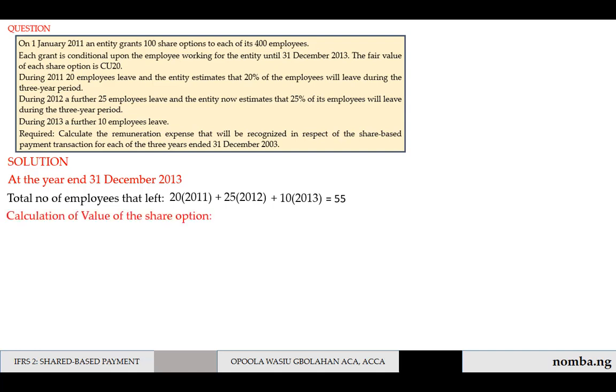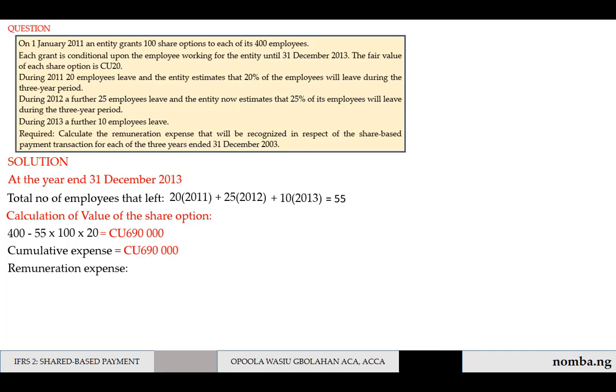Therefore, the value of the option at the end of the third year, which is at the end of 2013, will be 400 minus all those that actually left, which is 55. So we multiply by the number of share options, multiplied by the share price also, we get 690,000. That's the value. So the cumulative expense is 690,000.